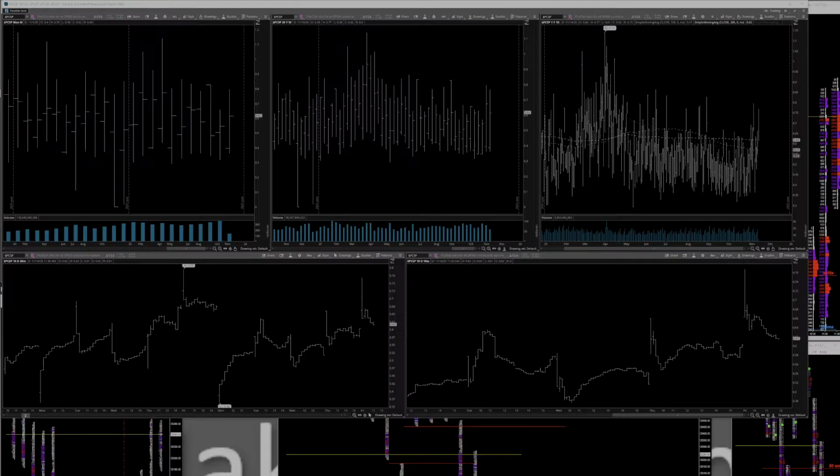This is the put and call spread. Not much really. Put and call 0.6. There are more calls than spreads here.